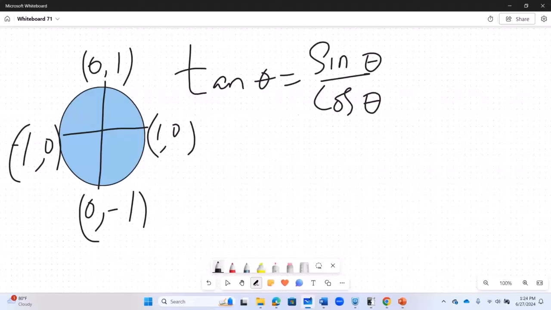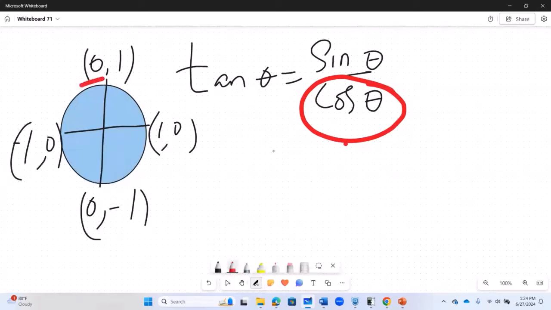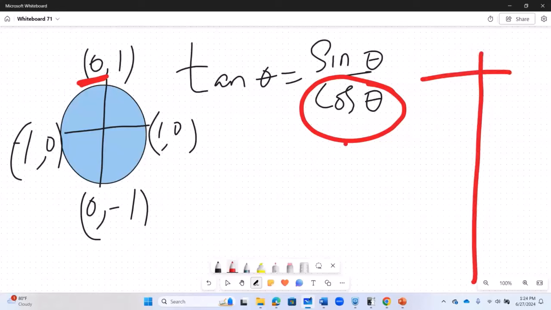At this point, I want us to remember that tangent is sine over cosine. So wherever cosine, the denominator, is 0, tangent is undefined.